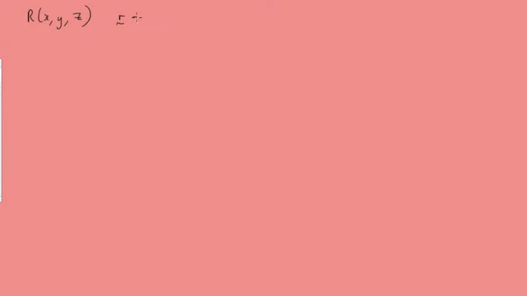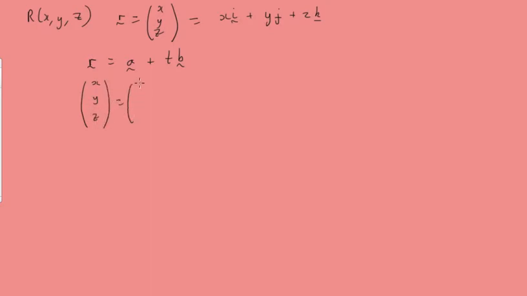R is vector R, which is going to be (x, y, z), or it's equal to xi plus yj plus zk. So we have our equation r equals a plus tb, and we've got our x, y, z, and here we have our coordinates a1, a2, a3 plus our t, and then we've got our b1, b2, b3.